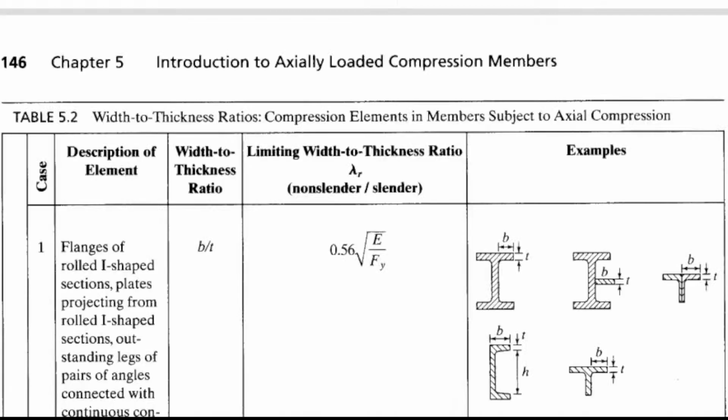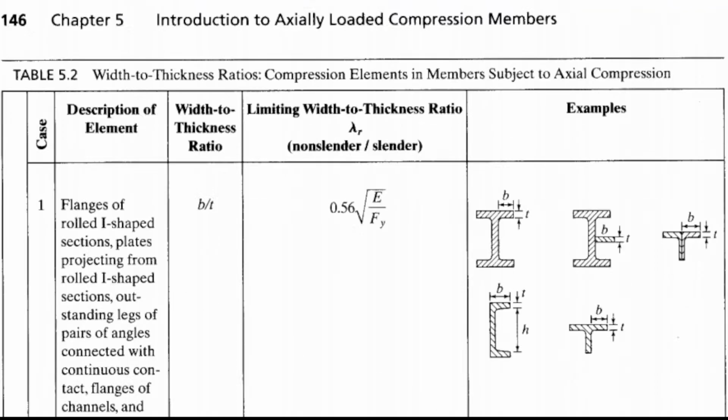That's why I am looking for table 5.2 here, B divided by T. Which means, plates of rolled I-shaped sections, plates projecting from rolled I-shaped sections, outstanding legs of pairs of angles connected with continuous contact, flanges of channels, and flanges of tees. Every flange, like this, as shown.